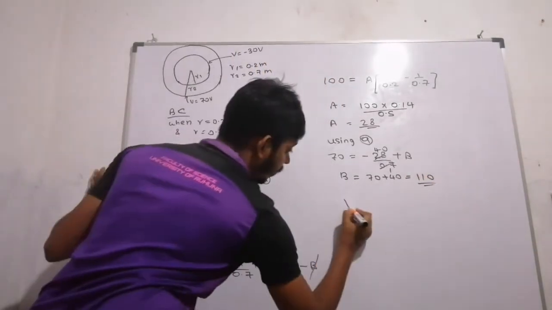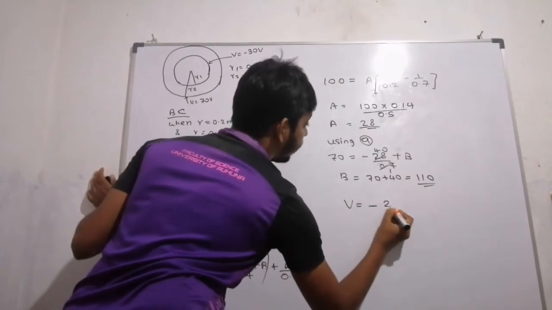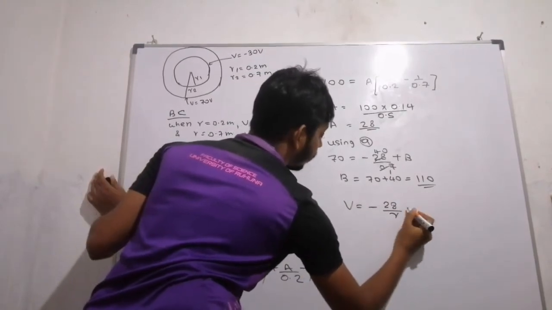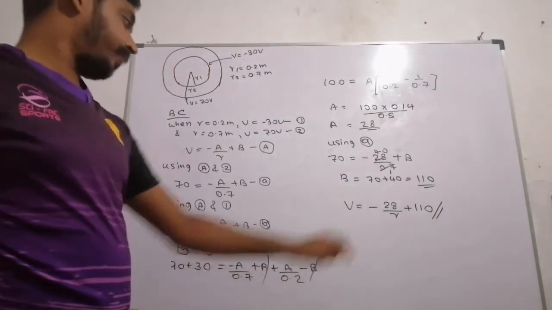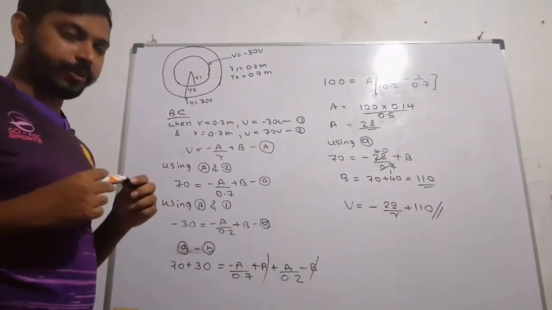Then we have V equals minus 28 divided by R plus 110. This is the V. Okay, do you get it?